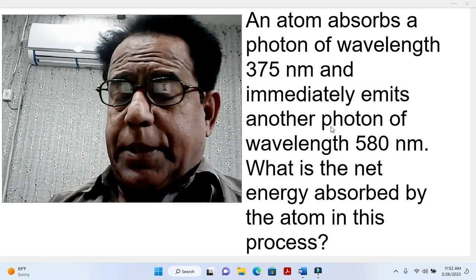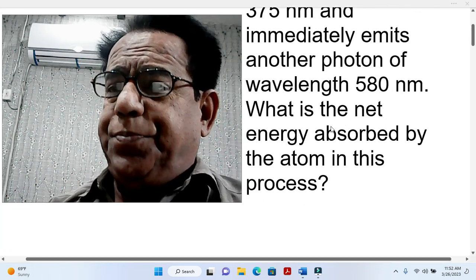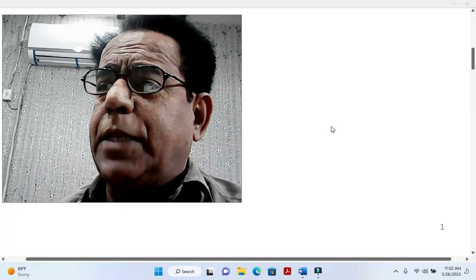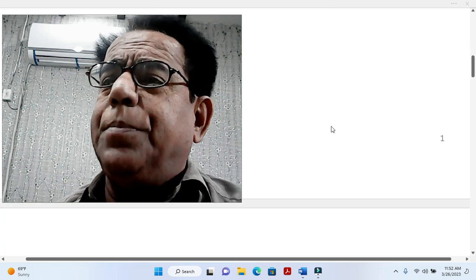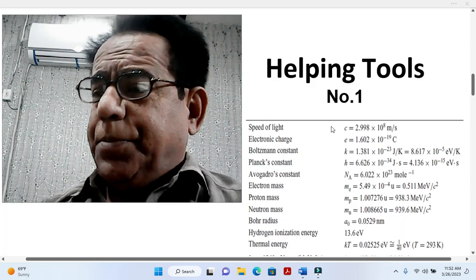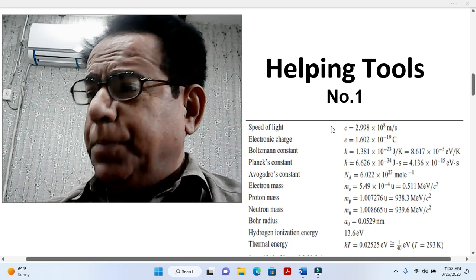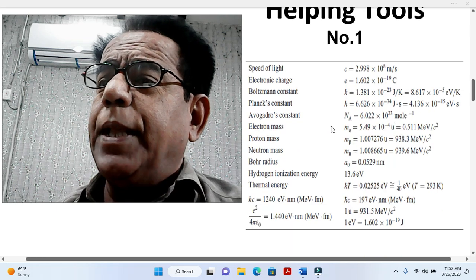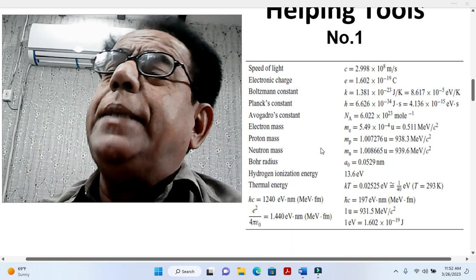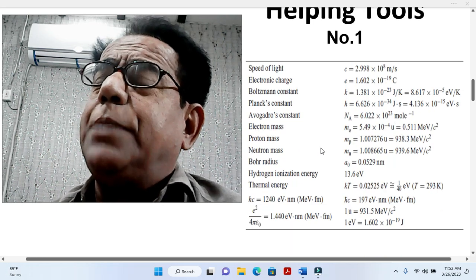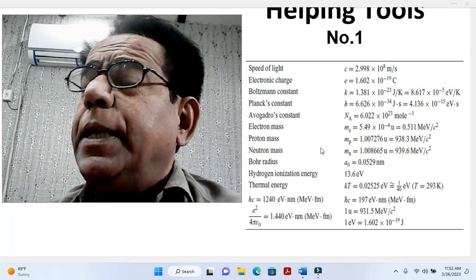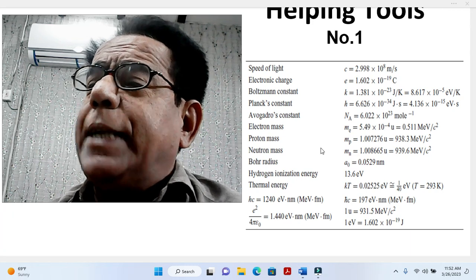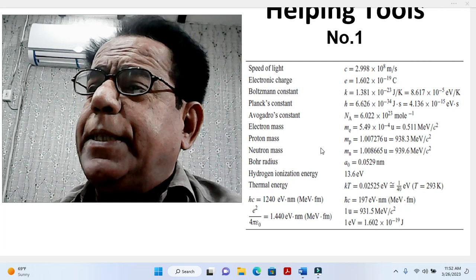As usual we first introduce helping tools which we have previously introduced many times. Helping tool, this table has been shown many times. In this table, speed of light is our relevant quantity.